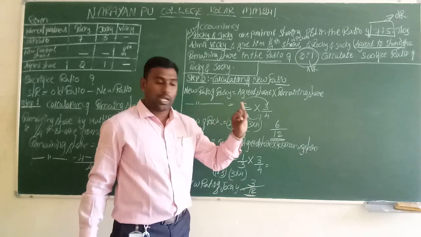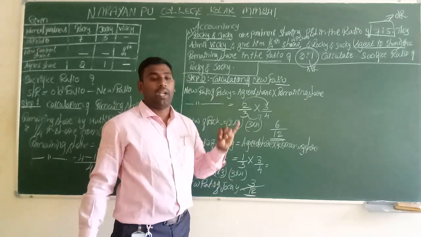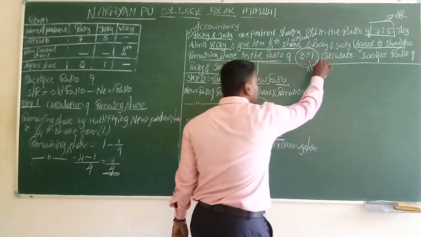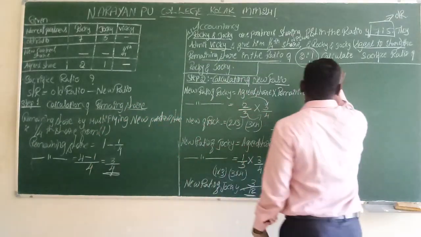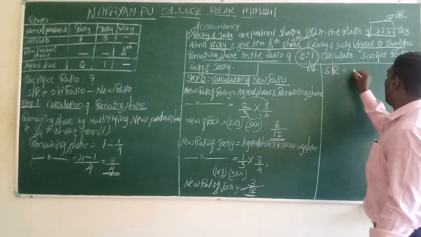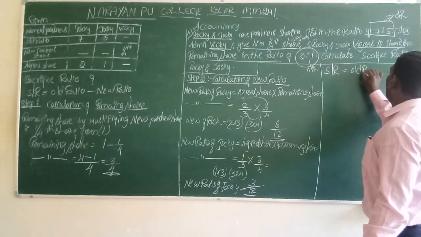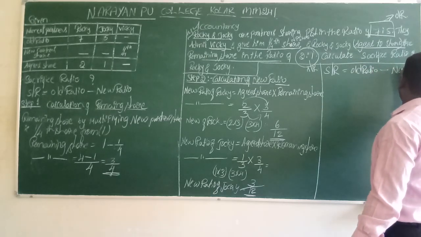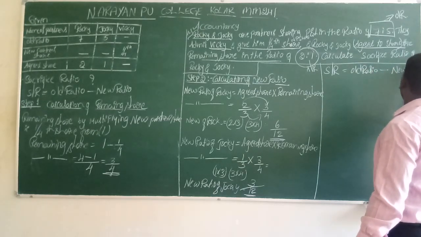Number 1, we should calculate the remaining share. Number 2, we have to calculate the new ratio. In step number 3, we have to calculate the sacrifice ratio. Sacrifice ratio is equal to old ratio minus new ratio.